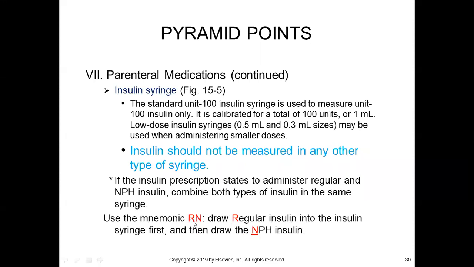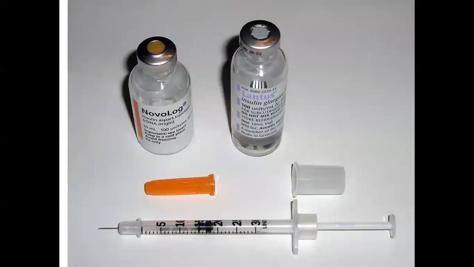R is not for registered nurse here. RN here stands for regular insulin and NPH insulin. So regular insulin we have to withdraw first and then withdraw NPH insulin. Easy way to remember: RN, R for regular insulin first, then N stands for NPH insulin.